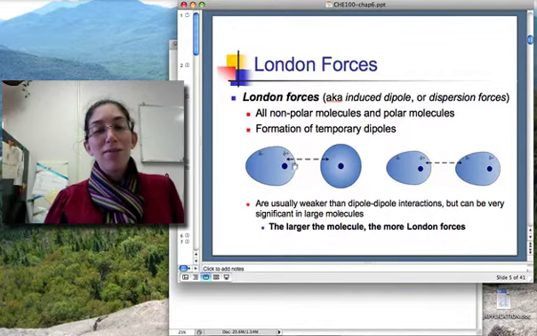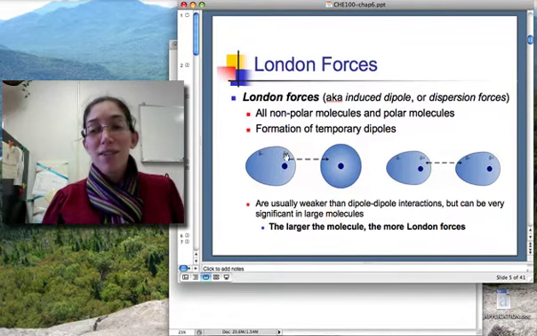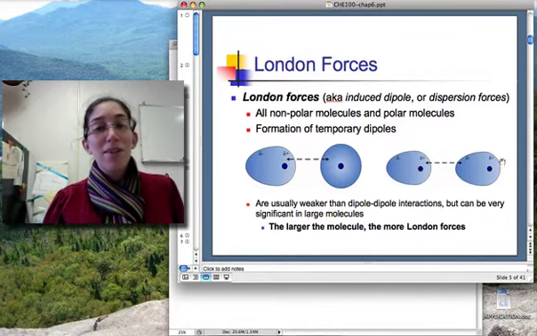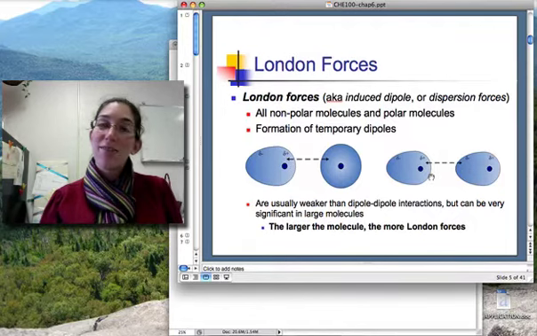Well, the partially positive charged end of this atom induces a dipole in the second atom. It attracts electrons. So this positively charged end attracts electrons from the other atom it's sitting next to and induces a similar shape by attracting the electrons to this side of the atom.